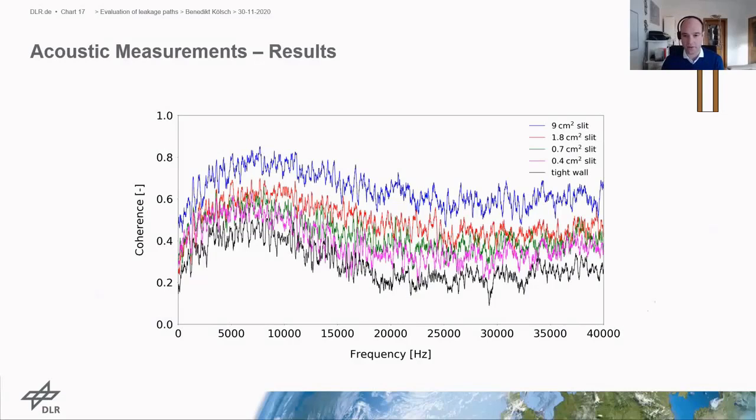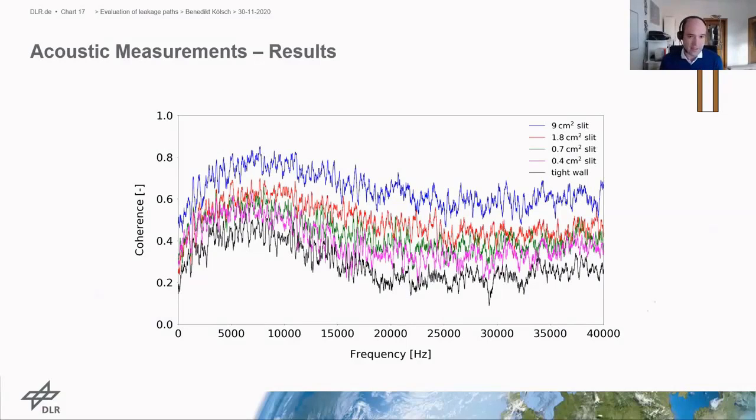Because in contrast to the airflow measurements, we still have sound transmission through the construction, even though there's no airflow in it. So we wanted to evaluate the influence of the actual leak in relationship to the sound transmission through the construction.